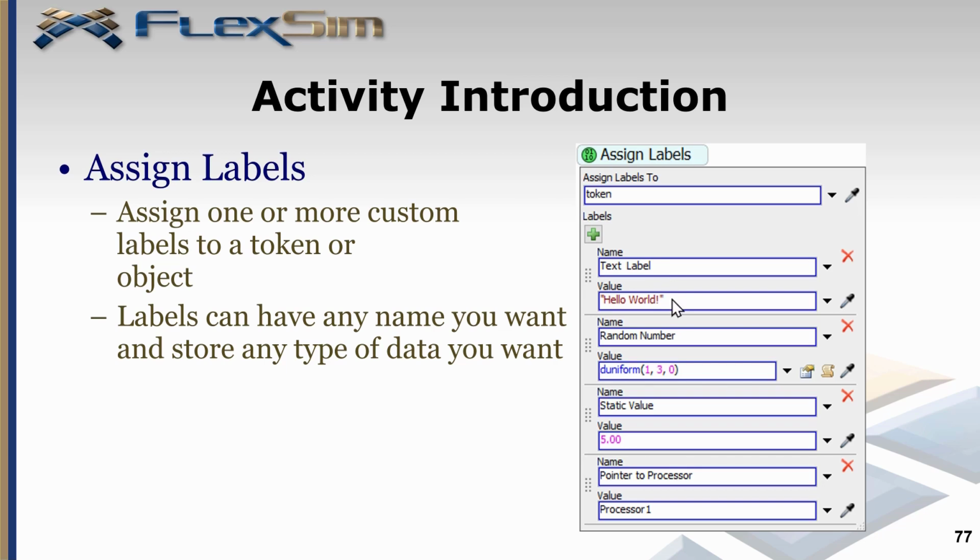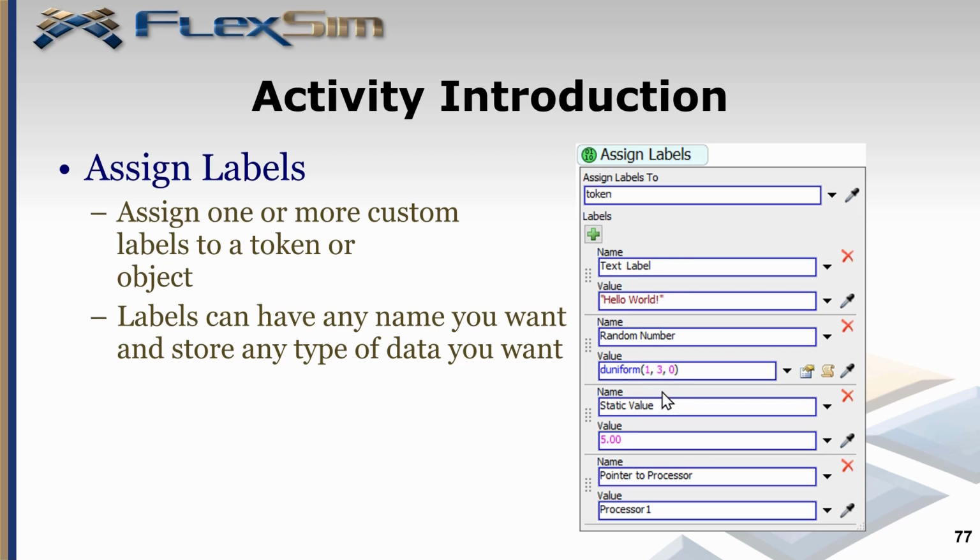Here the example is showing a value of just hello world exclamation point being written to the label named text label on the token. And the next label that's assigned to that token is one called random number, and the value that is assigned to that label will be generated from a discrete uniform distribution with a minimum value of 1 and a max value of 3, random number stream 0.